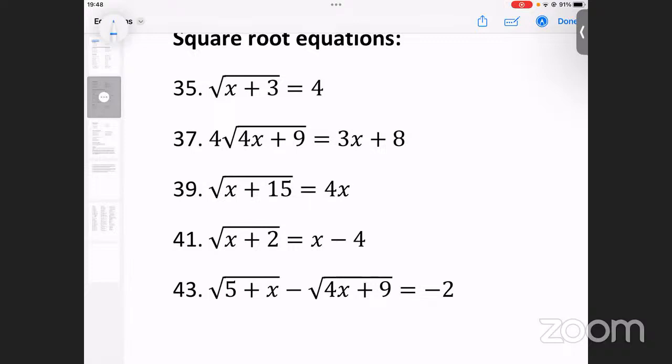Then since 4x plus 9 is under the square root, the square will cancel the square root, which will give you 4x plus 9. And then, okay, so if I'm not mistaken, you're going to multiply 4x plus 9 by 16.